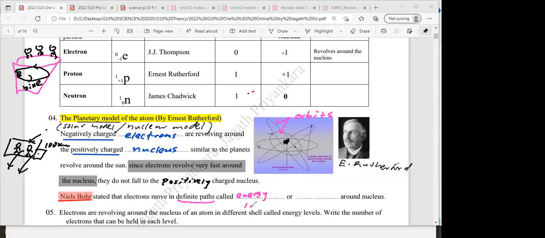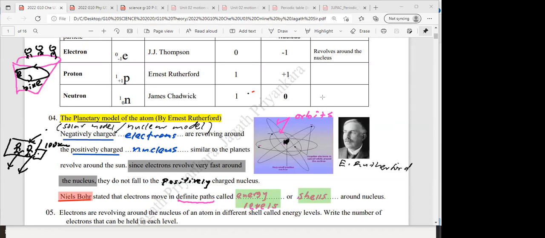Right, those paths are called energy levels or shells. Look at the screen. Done. Please finish copying down. Shall I read this?